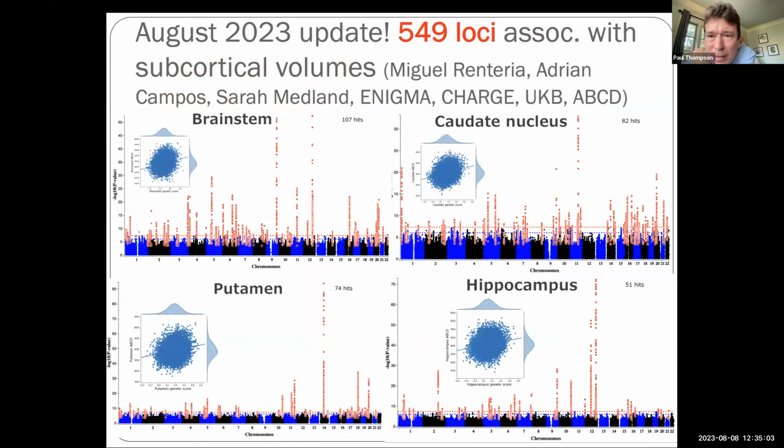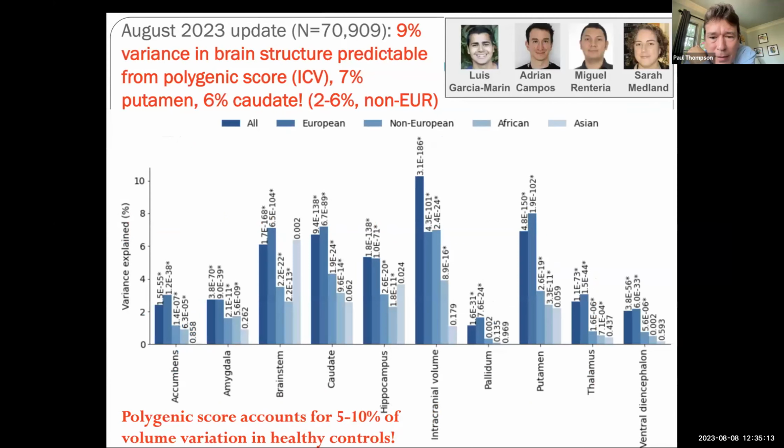You don't need reminding of this, but if you took all the loci that passed genome-wide significance threshold or some other threshold that is empirically chosen, you can then go into independent data, which wasn't used for the discovery GWAS, and ask, does this PRS, or polygenic score, I should say, account for much of the volume variation? For intracranial volume, it's pretty good. That's 9 or 10%. For hippocampal volume, it's about 4 or 5.